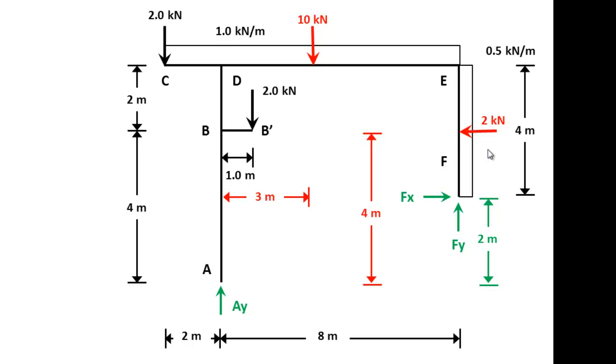And the 2 kilonewtons is acting in the middle of the member EF, which is 4 meters away from point A vertically, and basically it's 2 meters from the point of action to either F or E.